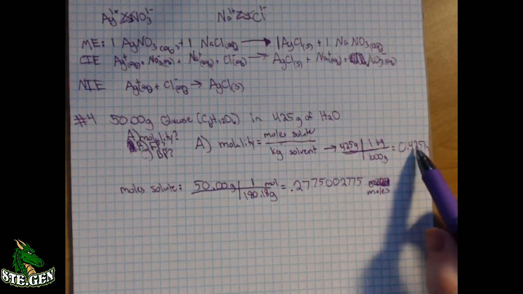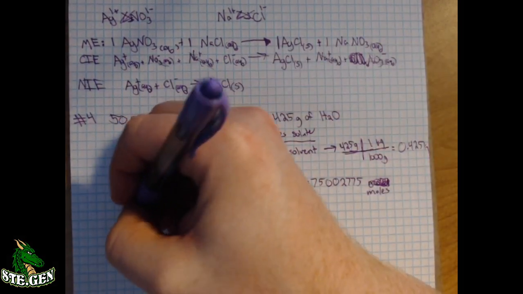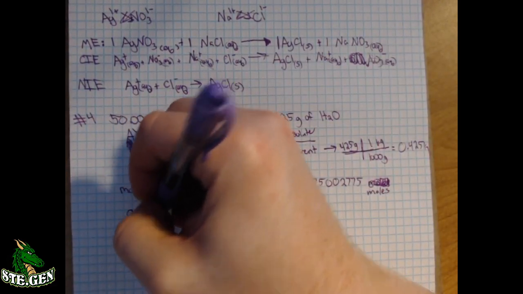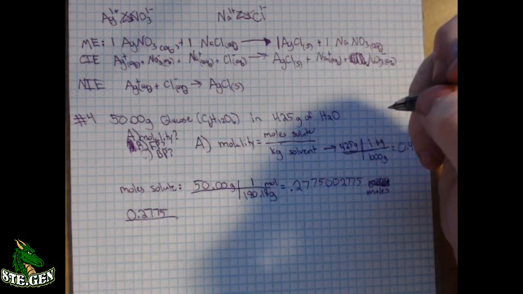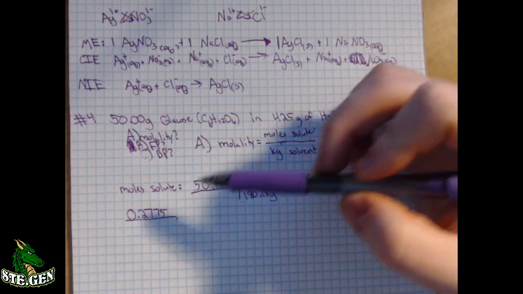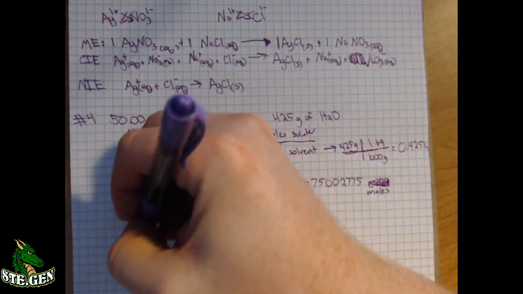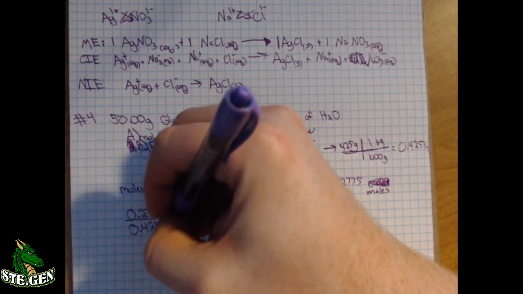Now we're just going to take this number and divide it by our 0.425 kilograms. So 0.2775 divided by, and again, I'm actually just going to carry over this whole number. I'm writing this just because I don't want to have to rewrite this entire number a second time. Over 0.425 kilograms.